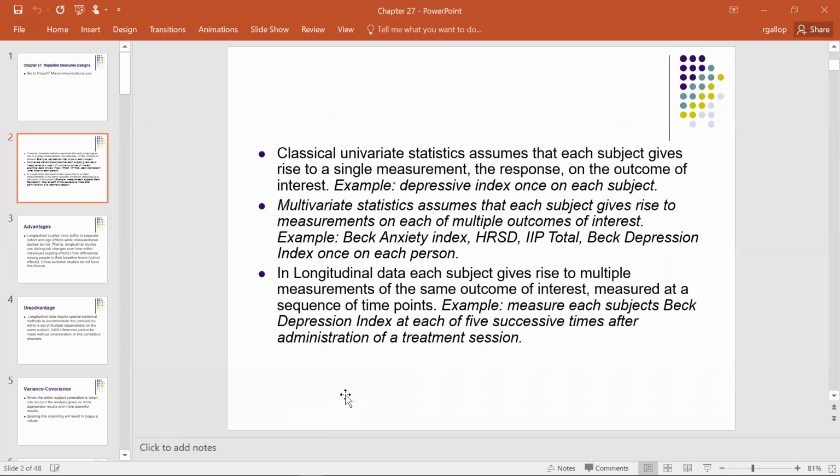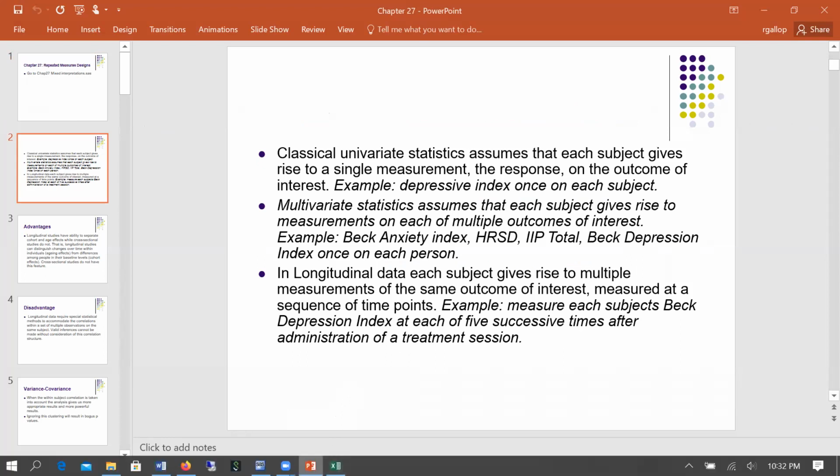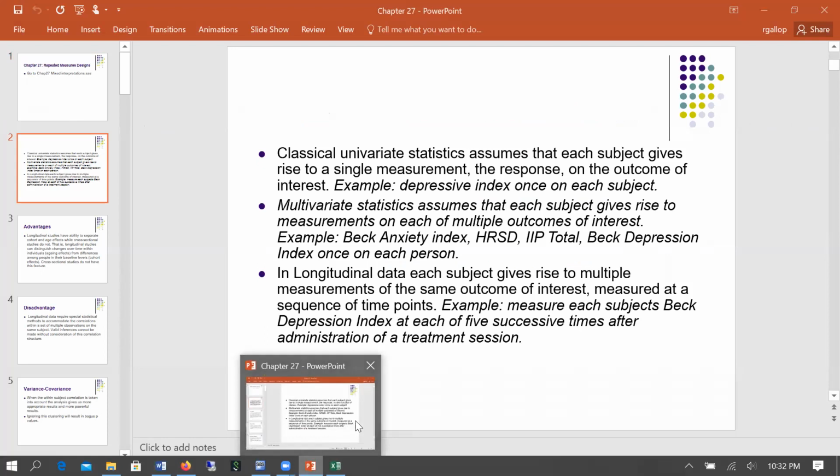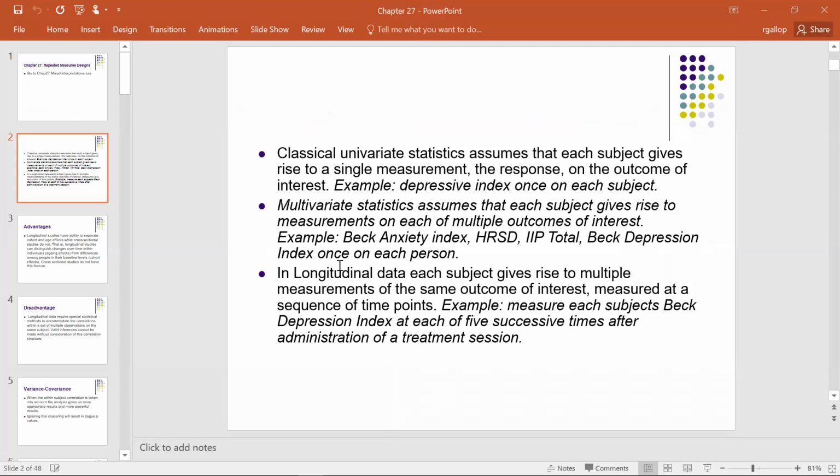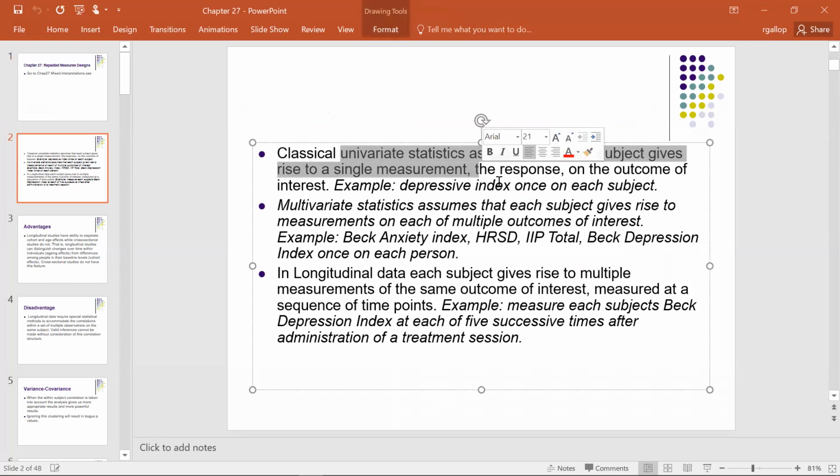Now, when we start talking about repeated measures, classic university statistics assumes each data point gives rise to a single measurement. So everything we were doing before chapter 25 were single measurement assessments. They were the outcomes, the Ys.